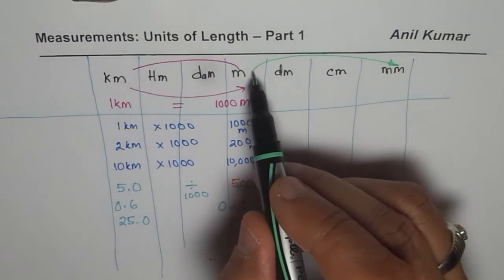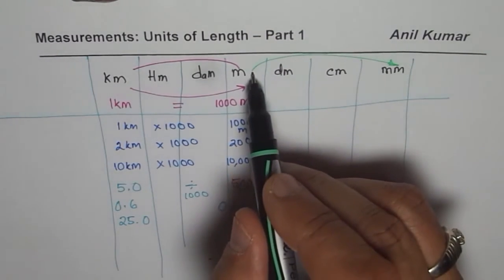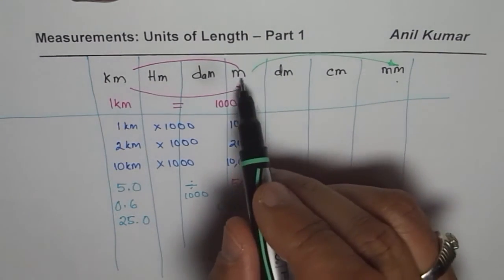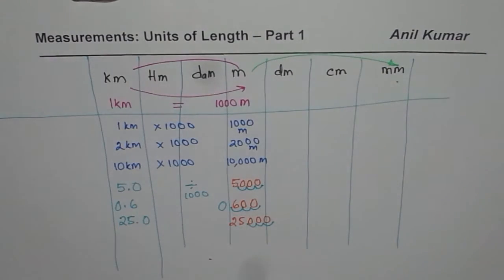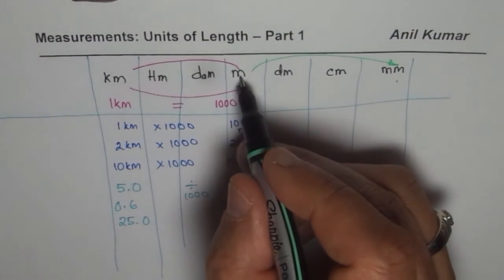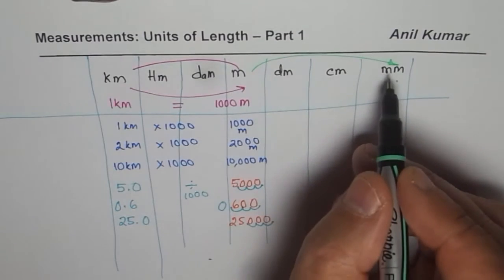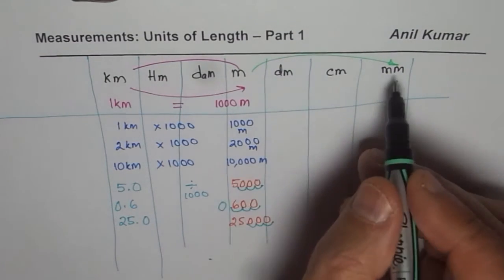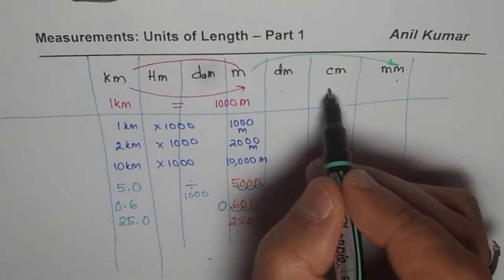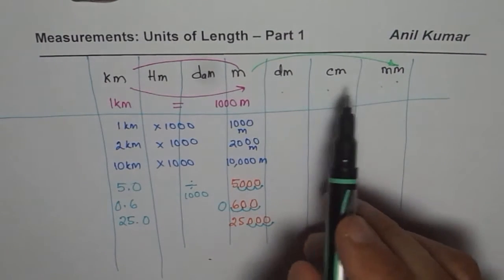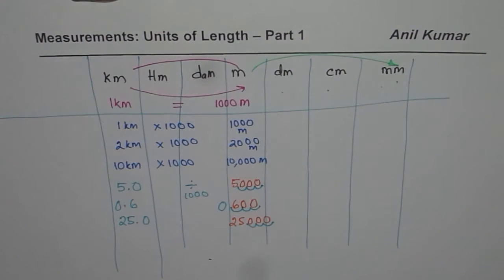I am going from left to right, so it becomes a lower unit. I have to get a bigger number of millimeters, right? So if I am given some meters and I have to write millimeters, I have to multiply by 10, 100, 1000. Do you see that? We'll see that part in the next video.